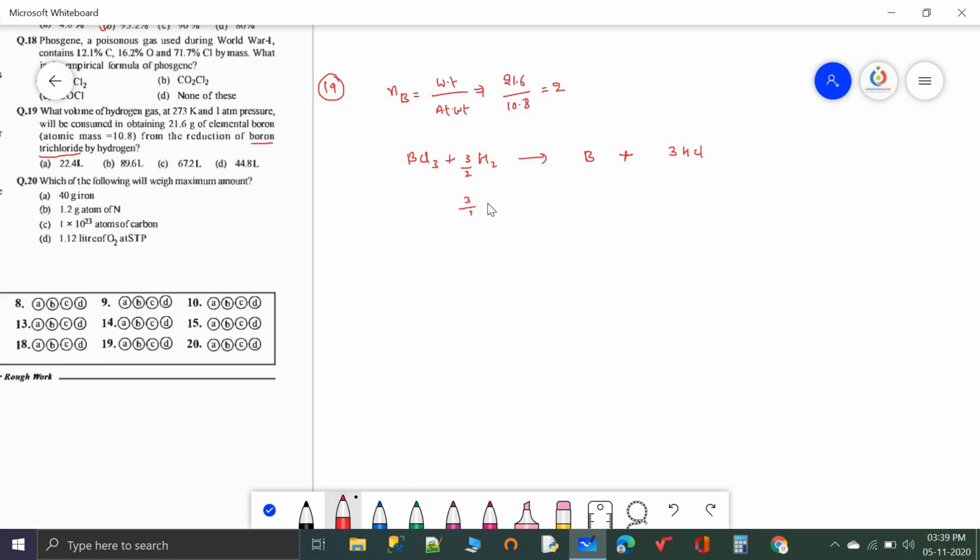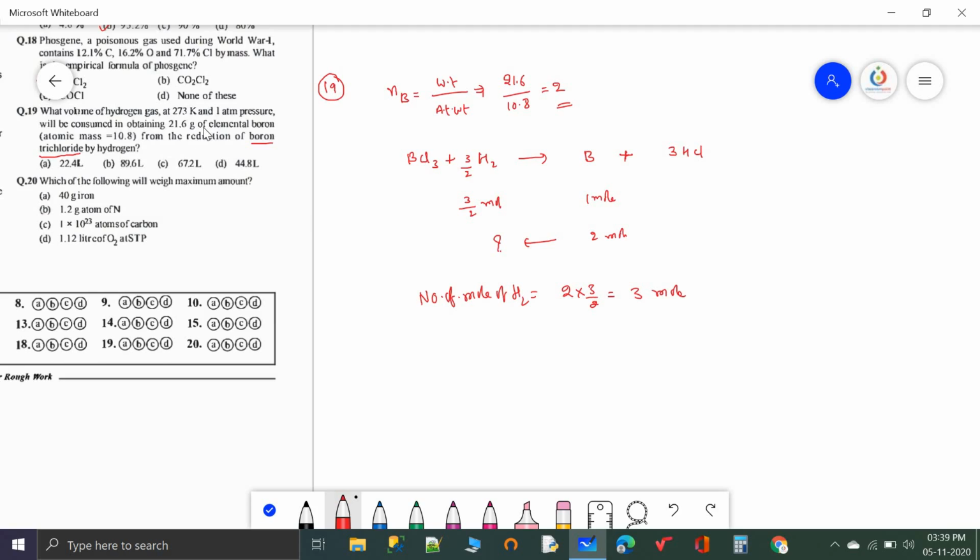Means 3 by 2 mole of H2 gives 1 mole of boron. Then according to this, 2 moles of boron will be obtained from how many moles of hydrogen? So the number of moles of hydrogen equals 2 into 3 by 2, equals 3 moles.